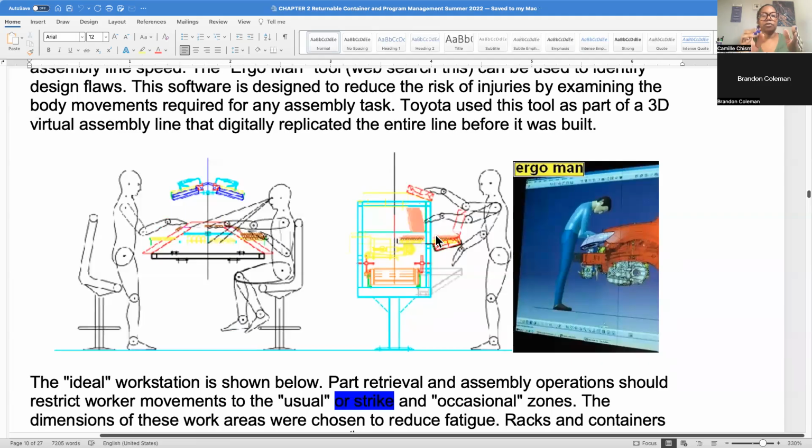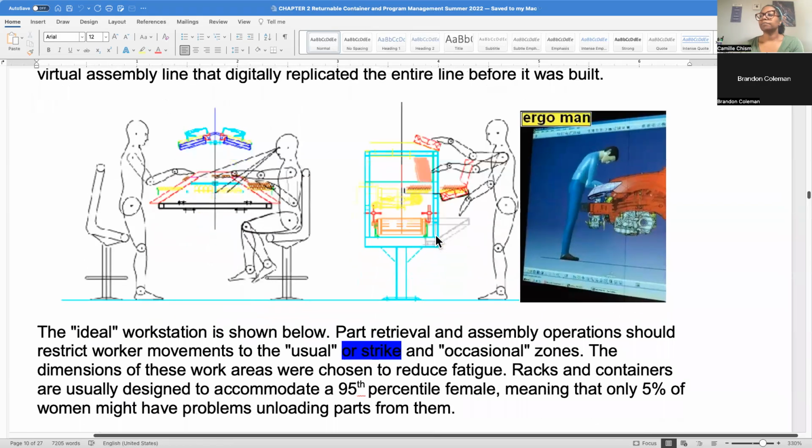The packaging is right in front of them and they're pulling it and then they're just assembling it right in front of them. They're not turning or anything. So those are some of the things to keep in mind.